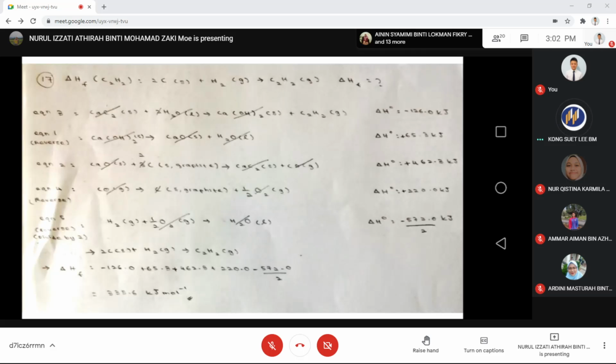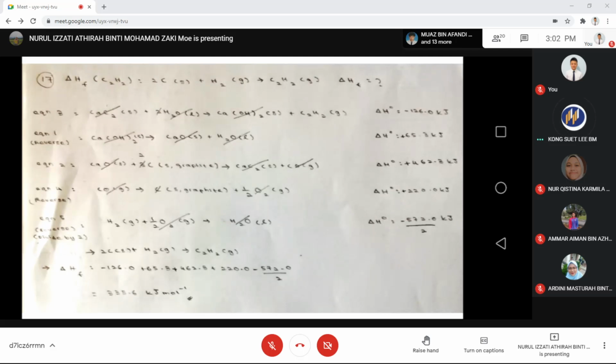So we have to reverse it to make it on the left side, so we can cancel it out. Correct. As we reverse it, the enthalpy for equation 1 will equal 65.3 kilojoule.